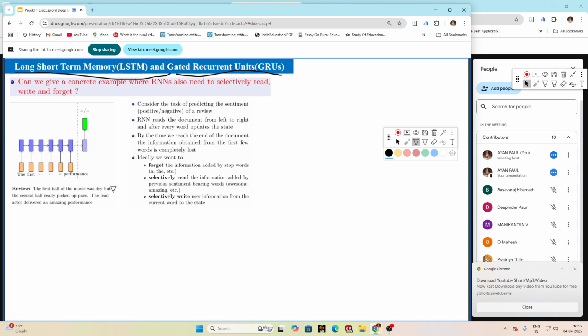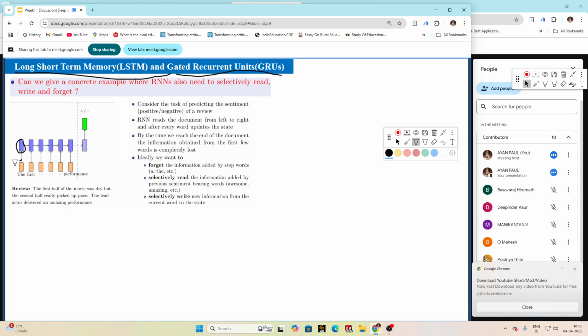In this task, there are some things that need to be understood. First, an RNN reads the document from left to right. If we put in a simple RNN, it will read the document from left to right, and after every word it will update the state.